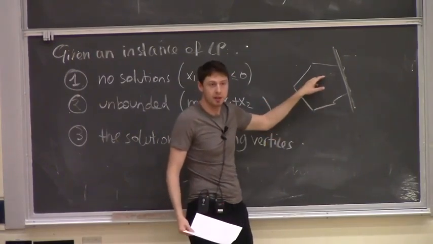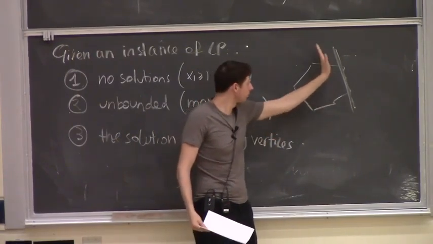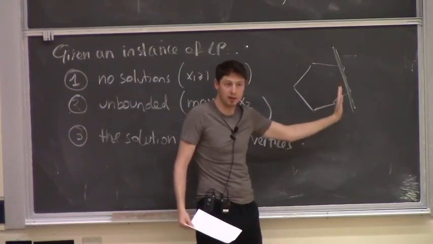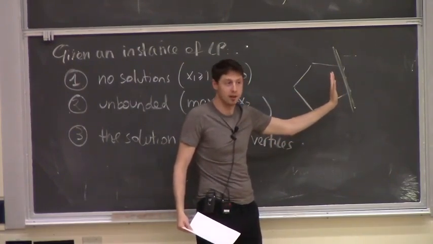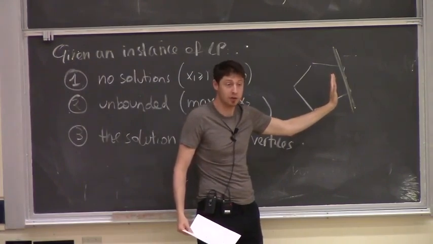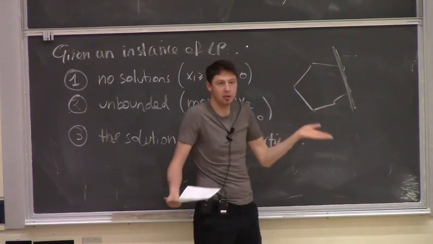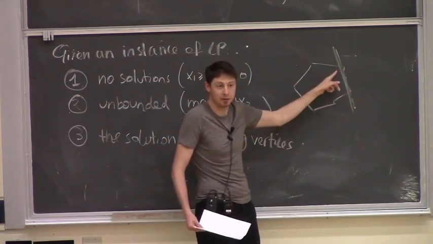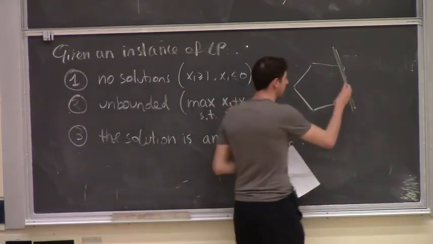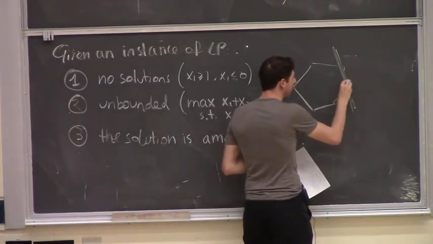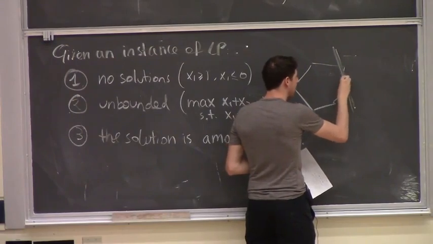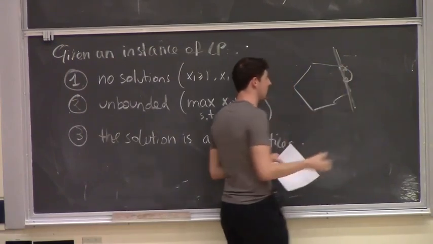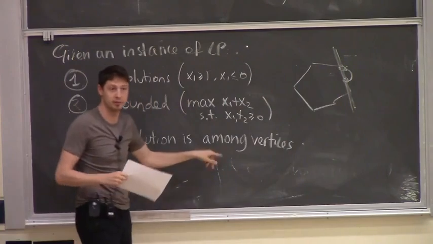Either the contour lines for my objective function line up exactly parallel to my face, in which case it causes no harm to just scooch over a bit and end up on a vertex. There are many optimal solutions, so just pick one on a vertex, and this claim definitely holds.